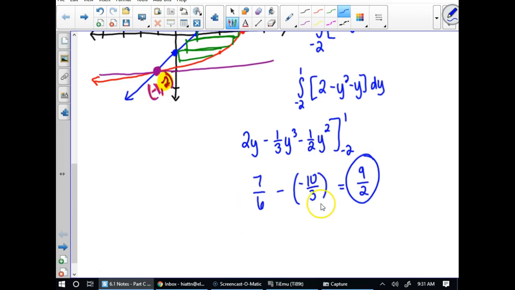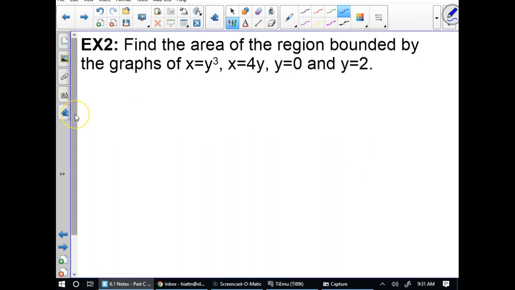Usually AP limits the amount of stuff you have to do for that, and if it's free response, you could just plug in the numbers. You could leave it 2 times 1 minus 1/3 times 1 to the third minus 1/2 times 1 squared minus, and then just leave the whole thing like that if you wanted for free response. And here's our next one.